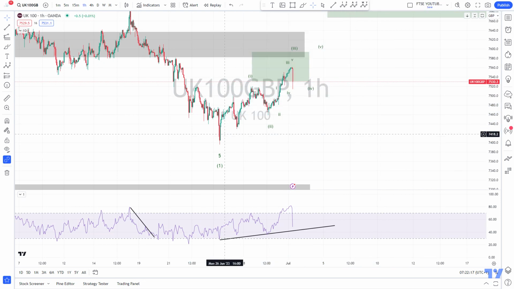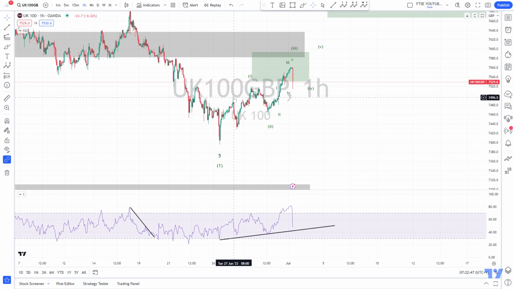I also told you that we could make a bigger ABC. I told you that this was a small ABC, but sometimes they happen. At the moment I was saying this, we only had data till somewhere here. Then on Friday we had this good push up, and this of course invalidates the scenario.